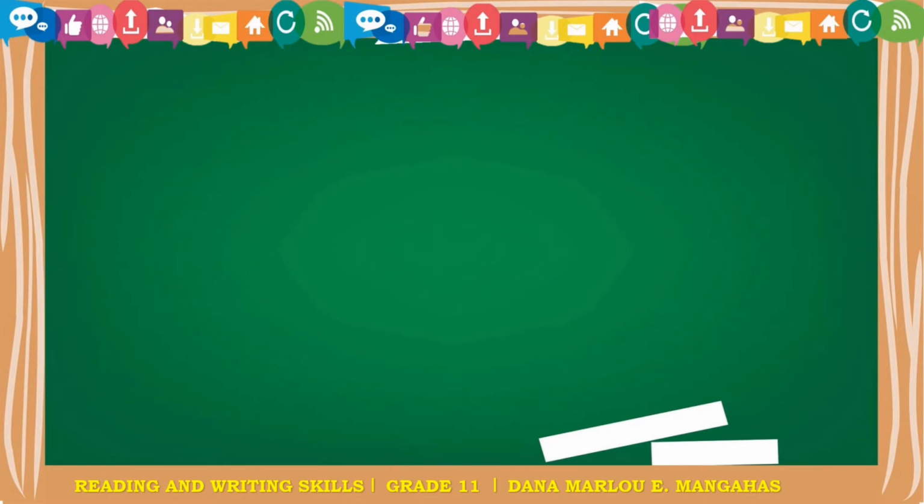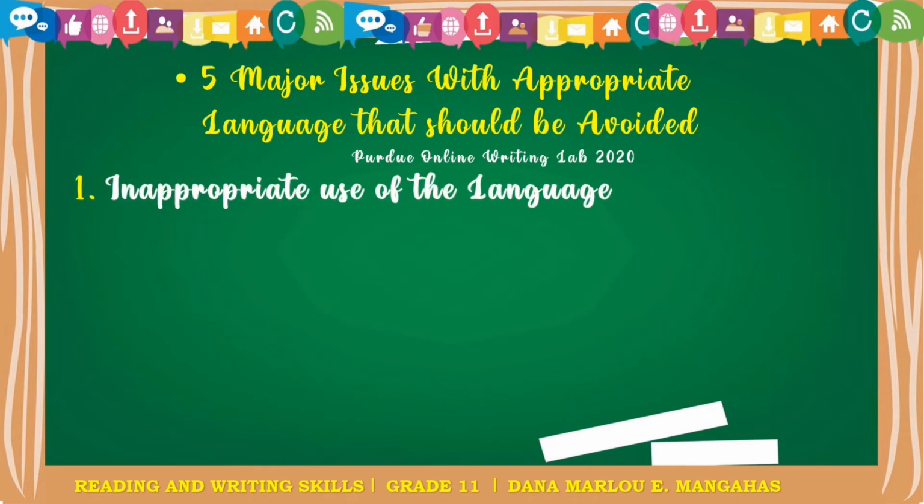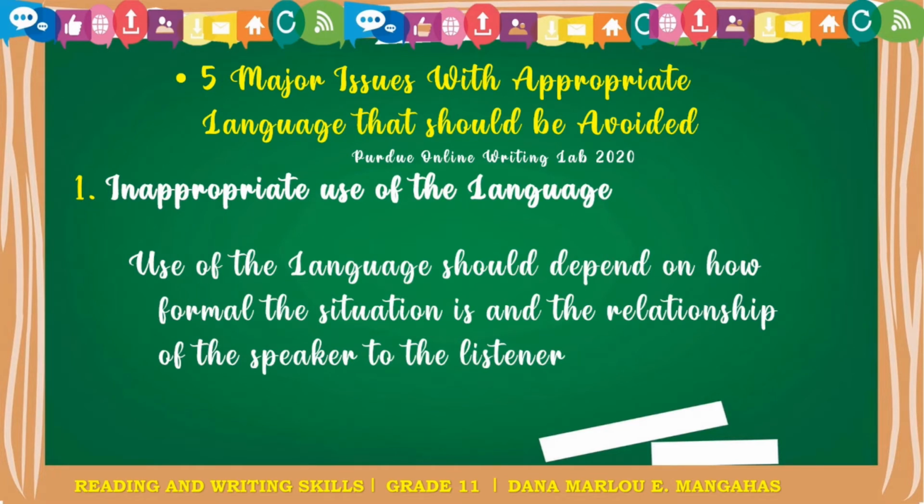Let us discuss them one by one. First, the formality of the language one uses should depend on how formal the situation is and how the writer and the reader are related to one another.